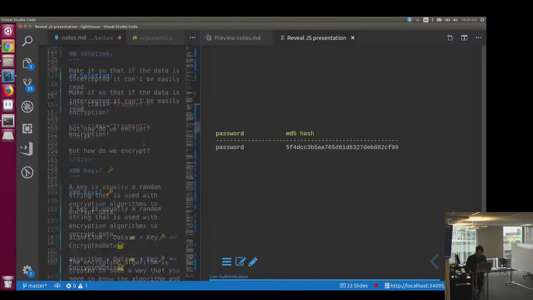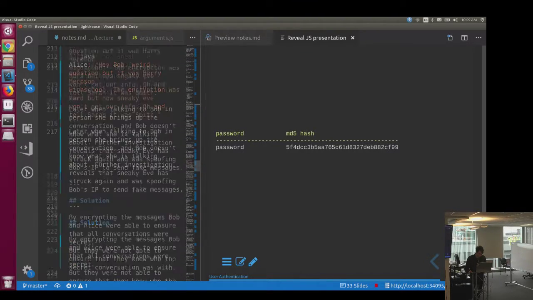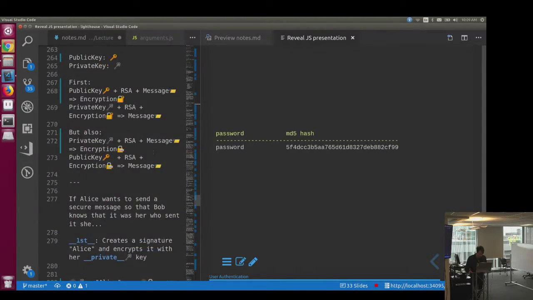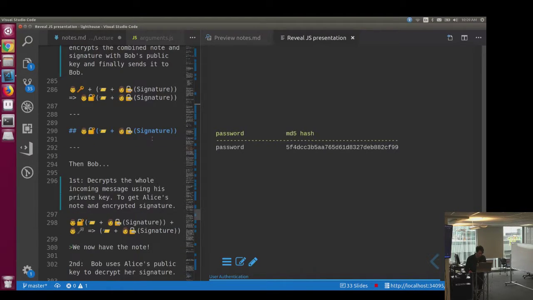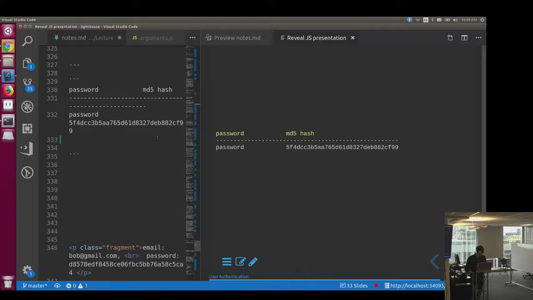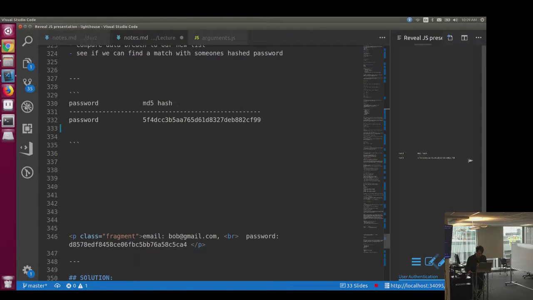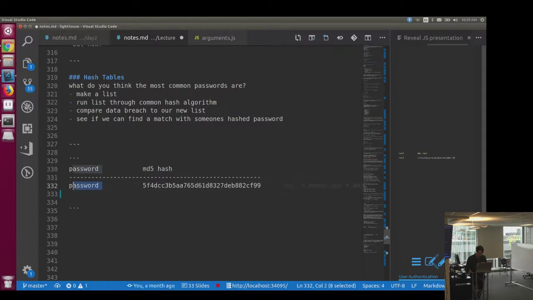So let's try and break Bob's password. Here we have a password. We know that Alice and Bob store their passwords in their database with an MD5 hash.